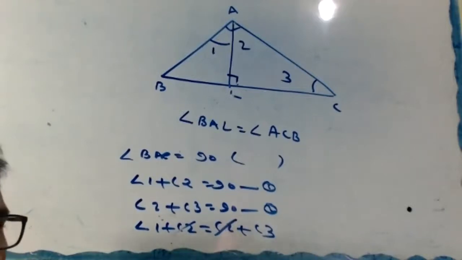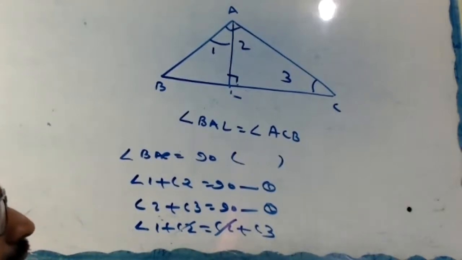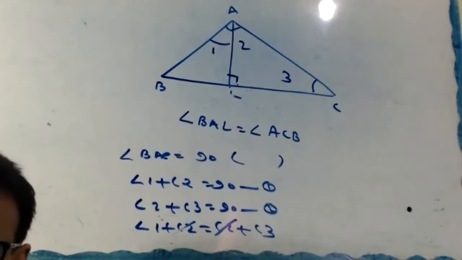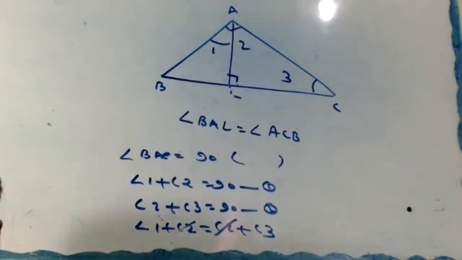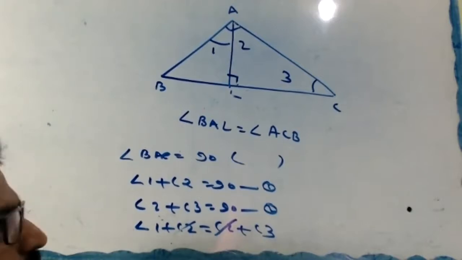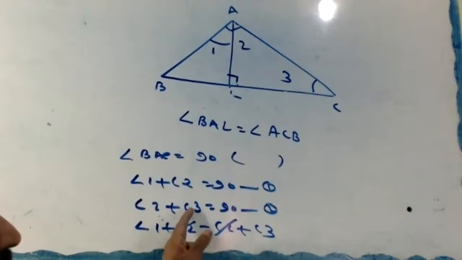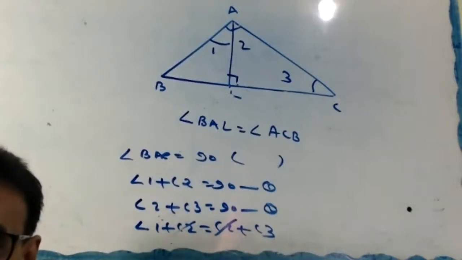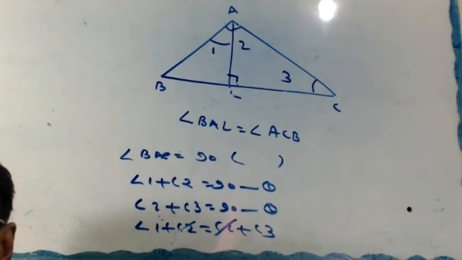Call it number 1. Then in triangle ALC, angle ALC is 90 degrees. So angle 2 plus angle 3 is 90, by the angle sum property of a triangle.